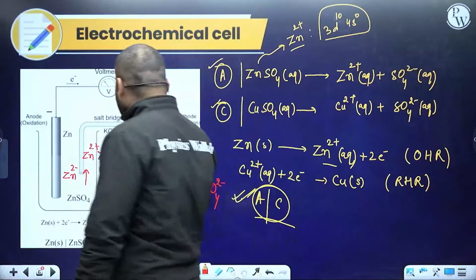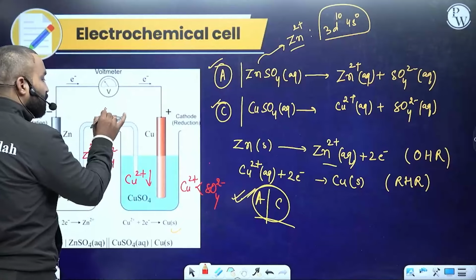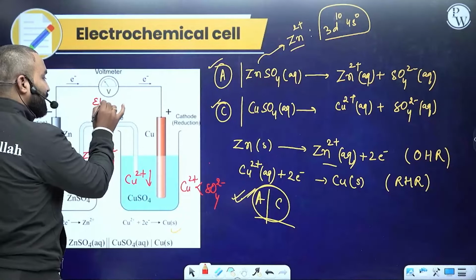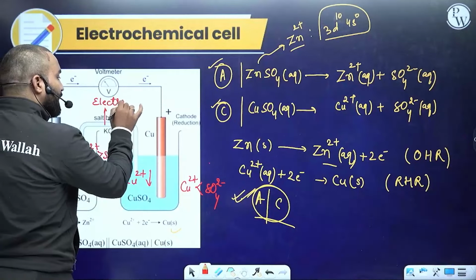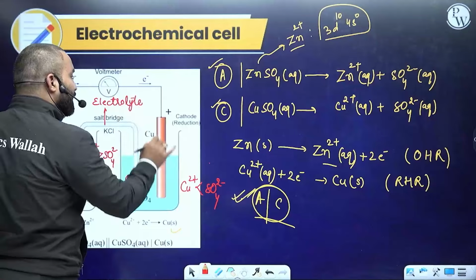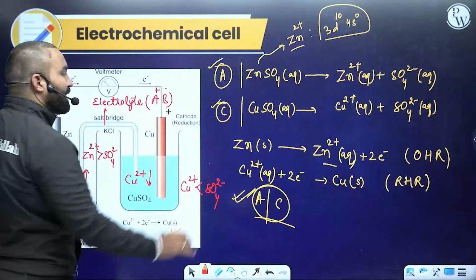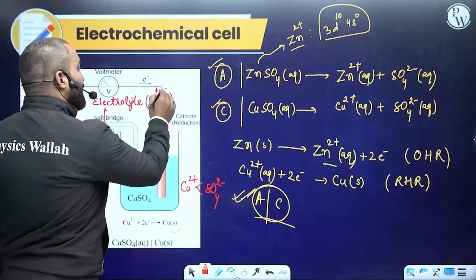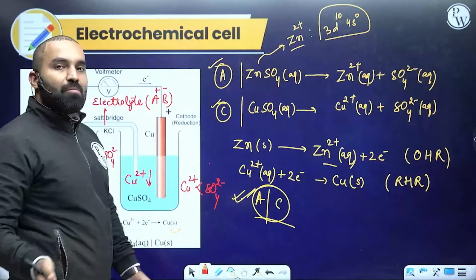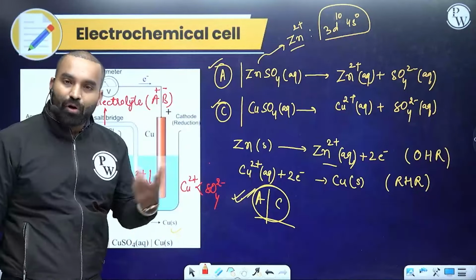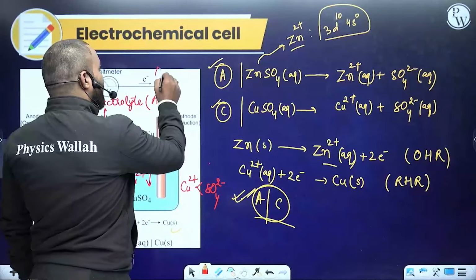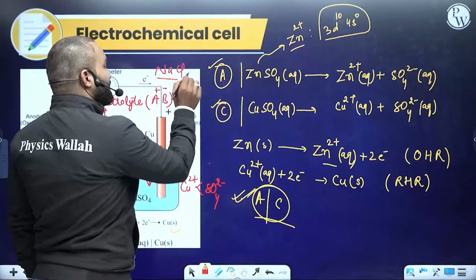So we will be filling this salt bridge with one sort of electrolyte, and that electrolyte will have A and B components, A plus B minus. In general, A can have more charge, B can have more charge, they can be monoatomic, they can be polyatomic also. For example, NaCl, very simple NaCl.